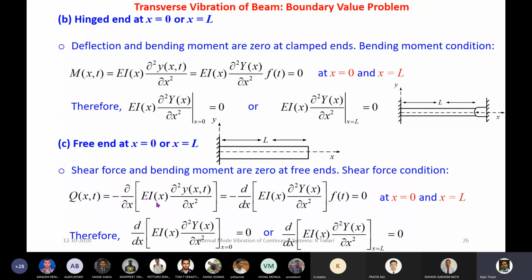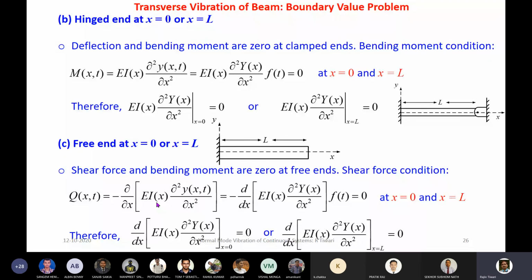In the next class, we will take up the solution of these eigenvalue problems. Before that, because in the discrete system we defined the eigenvalue problem in a general way, the same thing here will also be defined in a general way first.